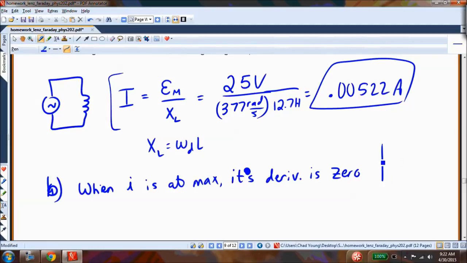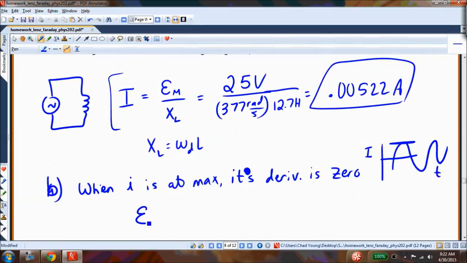Because look, if we're looking at a plot of current versus time, I'm not going to worry about the phase shift, but if I just plot current versus time, the current is at its max here, and the derivative of this function at this point is equal to 0. So when it's at its max, the derivative of the current is 0.